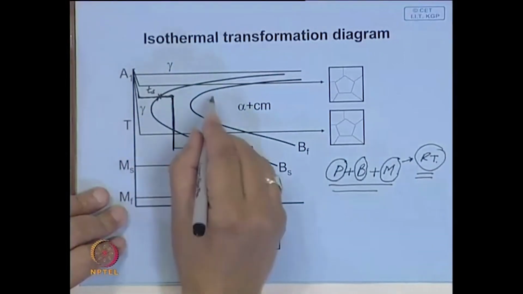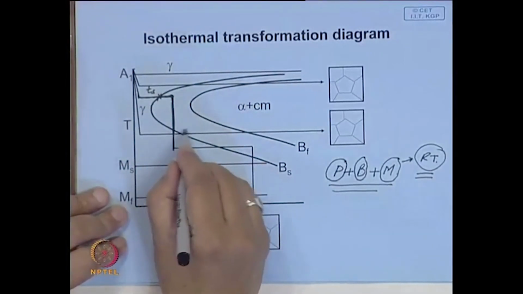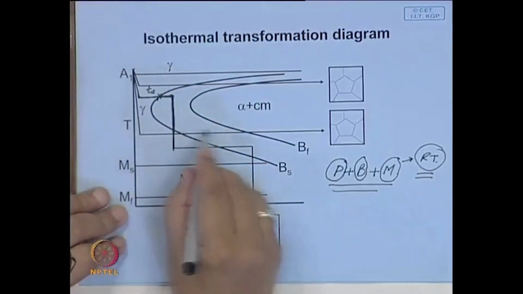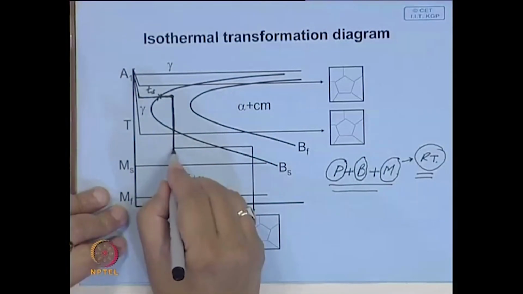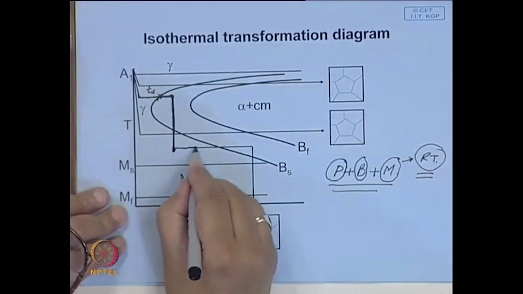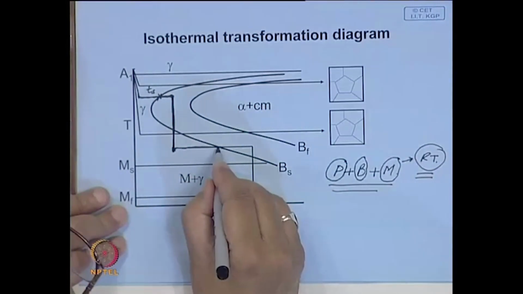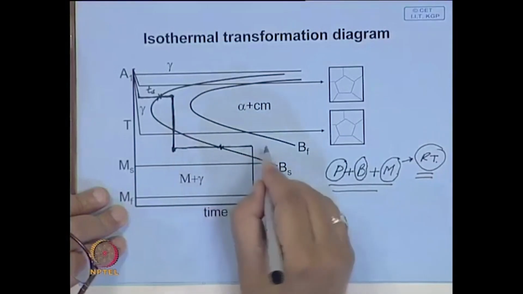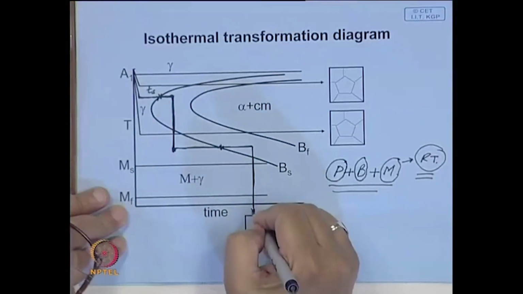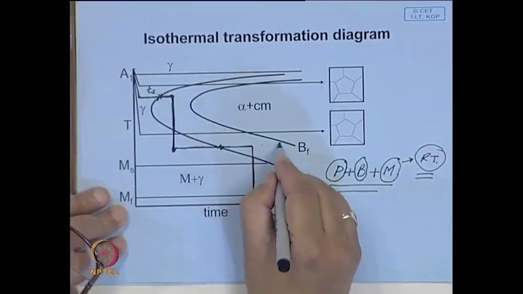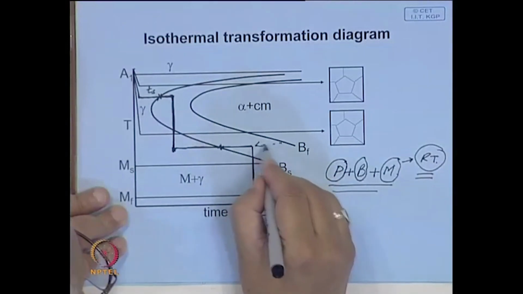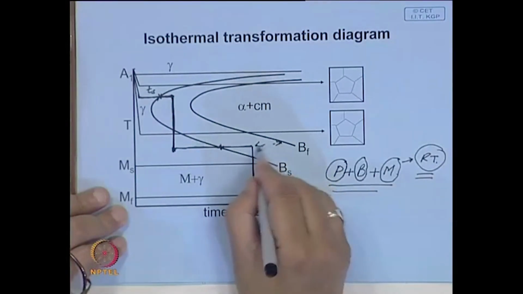This C curve represents that unless you have a hold time here, the transformation cannot take place. So, you come over here, then hold until the bainite transformation starts. Here the bainite starts, keep it for some time, then you quench, and mind you, this portion is untransformed.